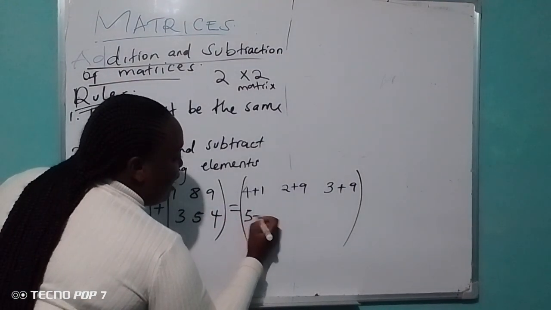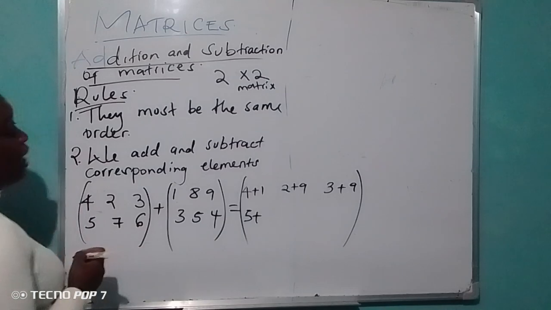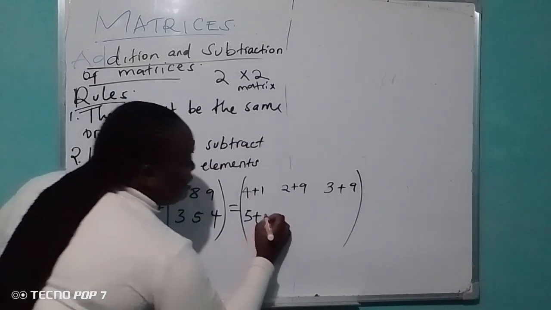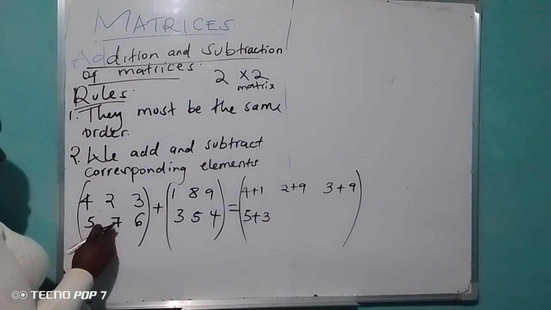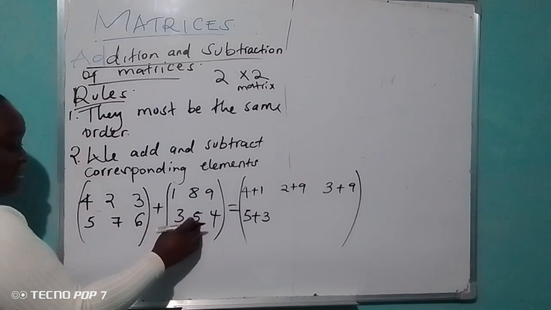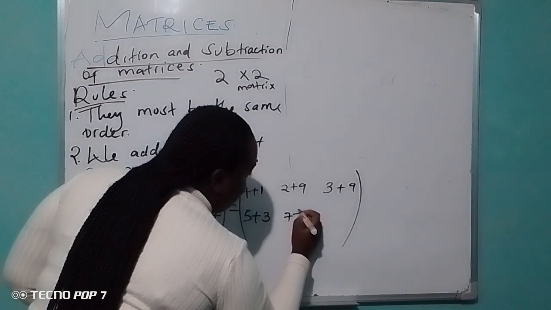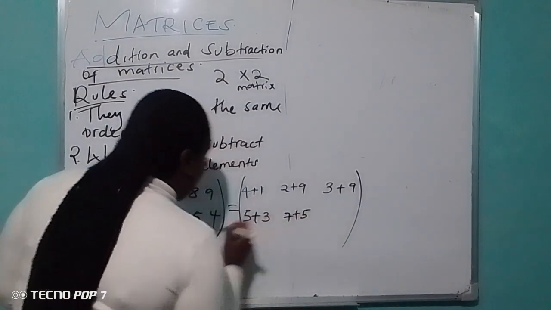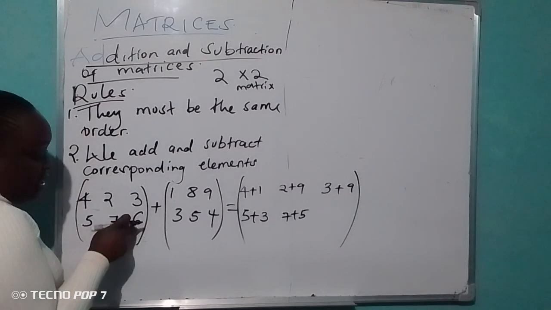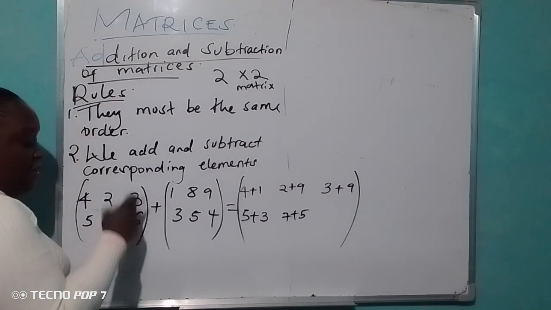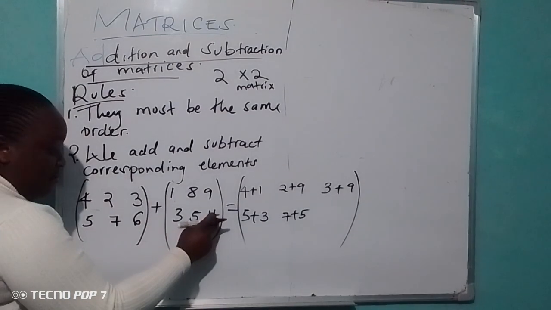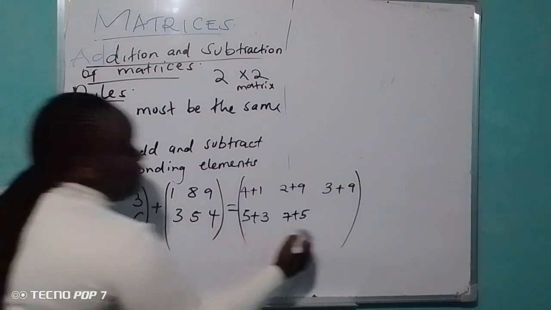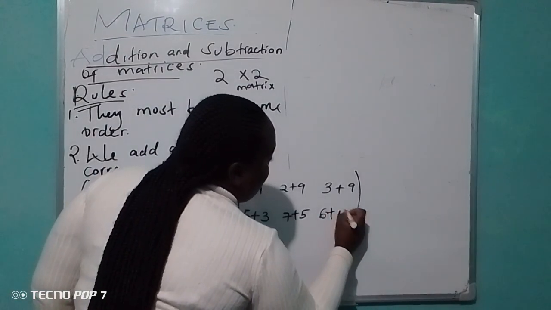I'm doing a 3 by 3 matrix here. Then 7 plus 5. And then the second row, third column, 6 plus 4.